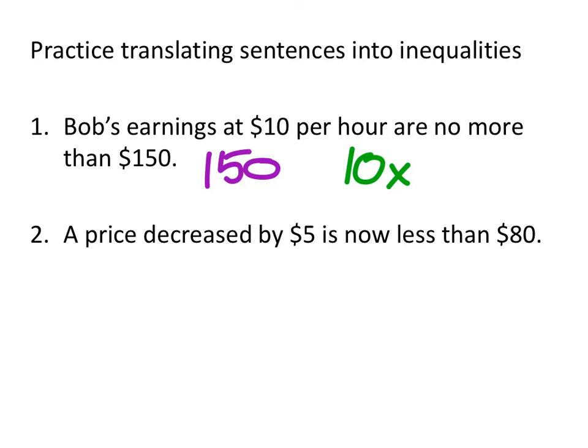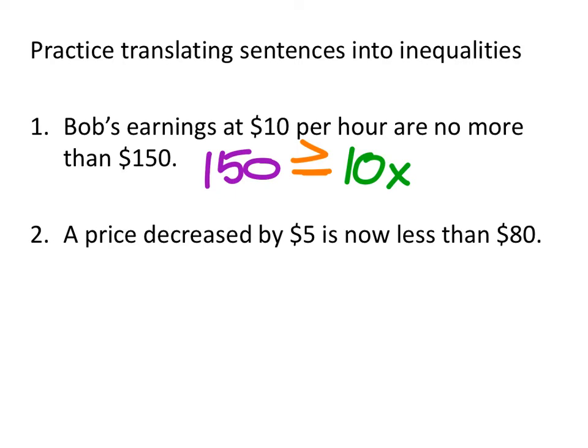No more means it could be equal to, but it definitely couldn't be greater than. So the 150 could be more than the $10 per hour, but it could also be equal to. And of course, some of you are like, well, I know that'd be 15 hours, and that's fine. So in other words, Bob had to work at most 15 hours to make the original statement true.